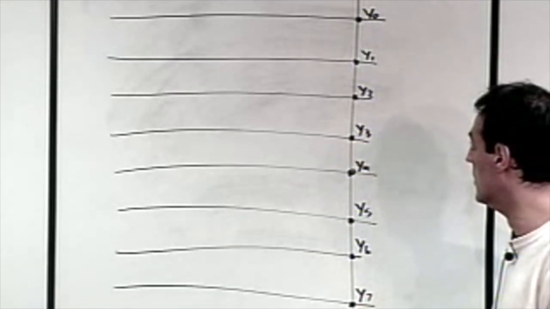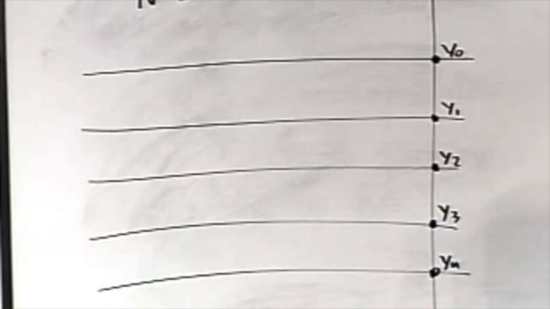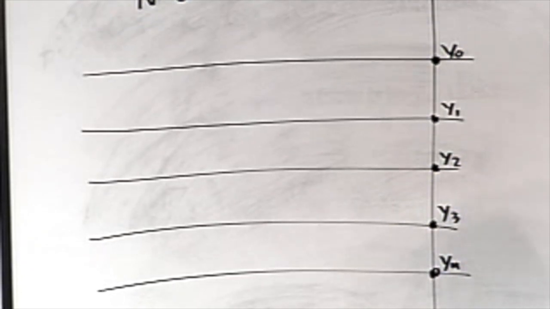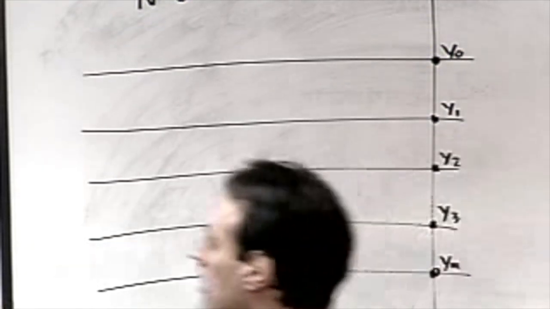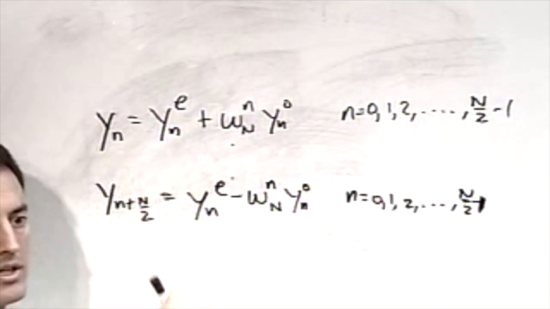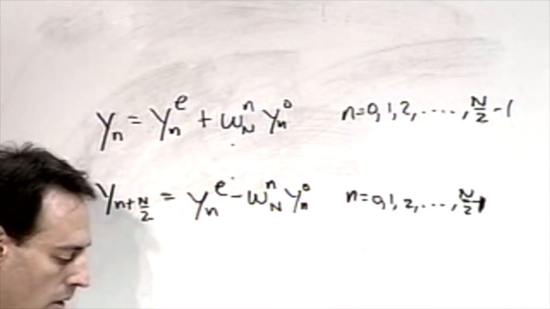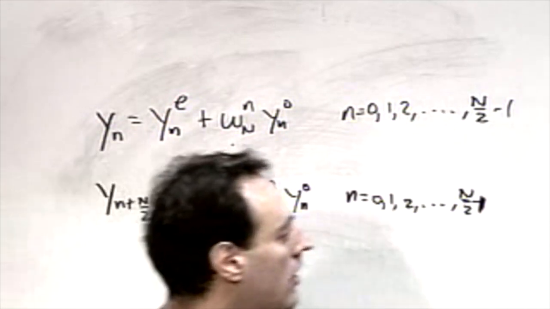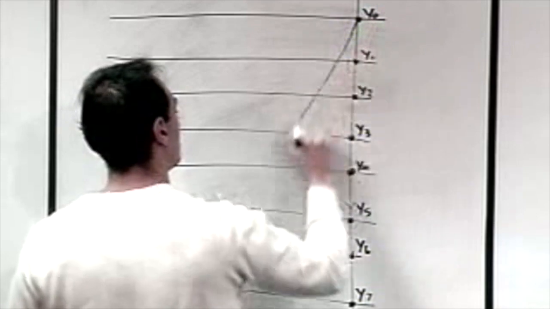And what do we do? We're going to break it up into 2 problems. How do the two problems map over? Look right here. The first n over 2, the next n over 2, and they do so in such a way that the even and odd map over in this fashion.